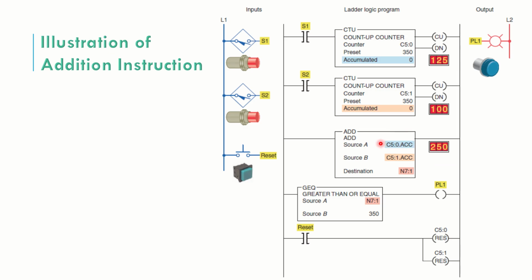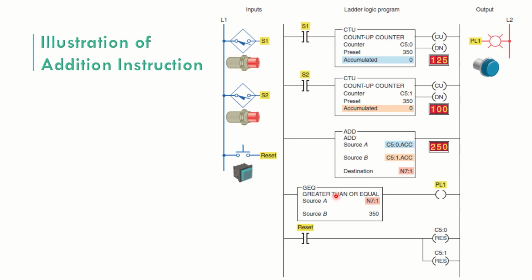This means the contents of the accumulator of counter 5:0 will be source A, and here the contents of the accumulator of counter 5:1 will be source B. So this and this have to be added. When both of them are added, definitely you need a destination, so here you have given the destination N7:1.